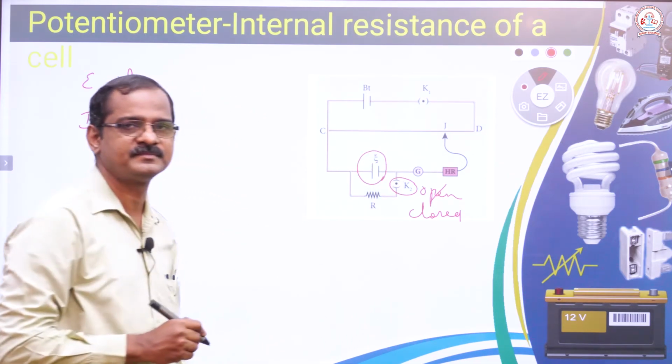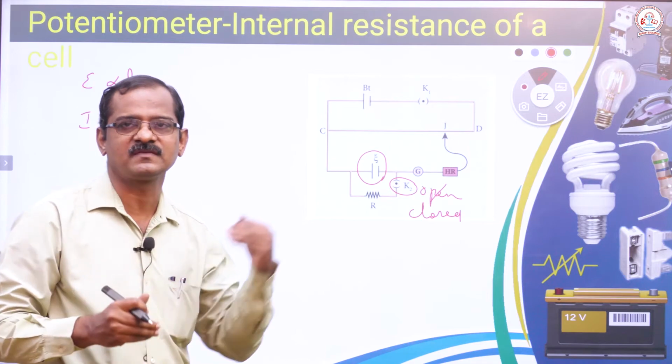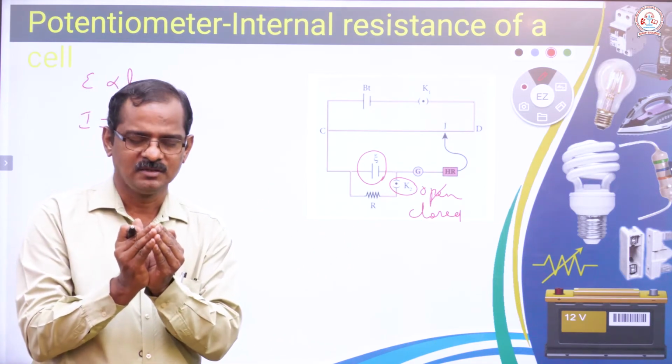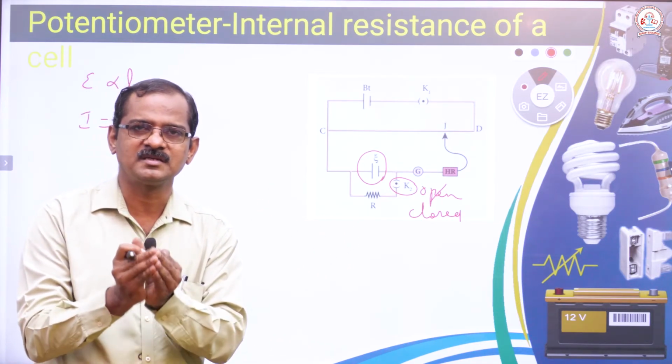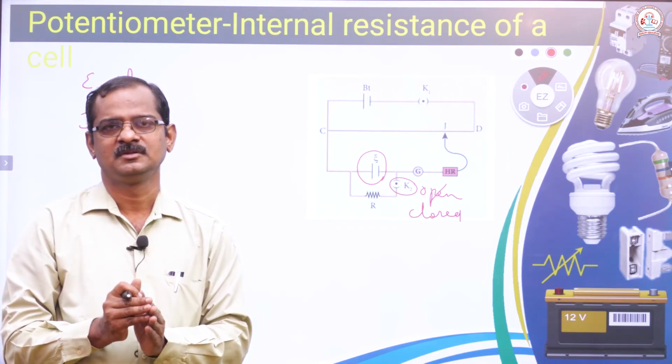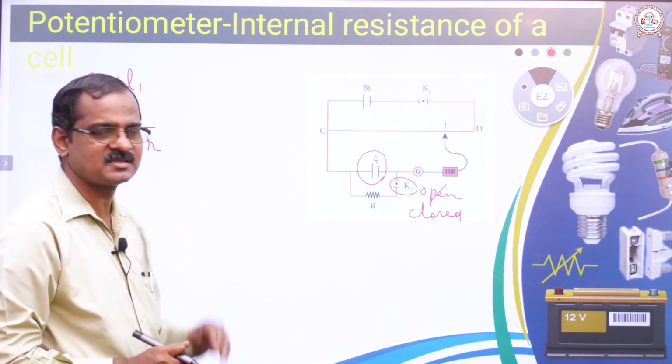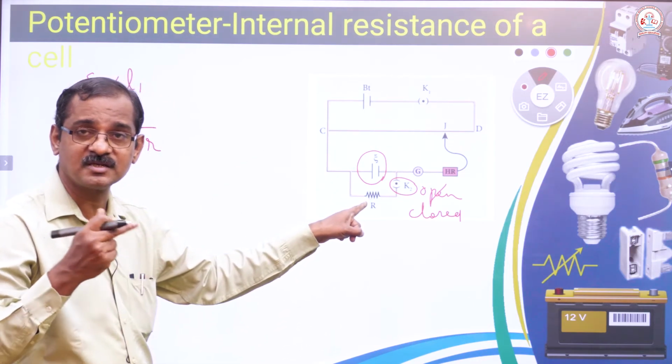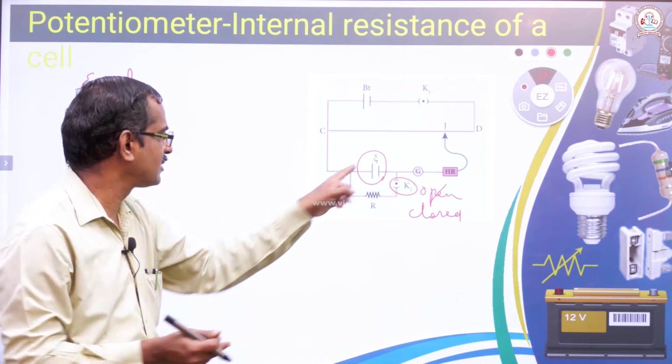The battery will have some internal resistance because of the components inside the battery. Capital R is external resistance. Small r is internal resistance of the cell.